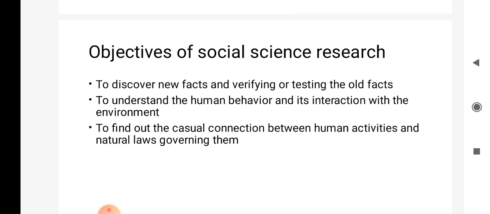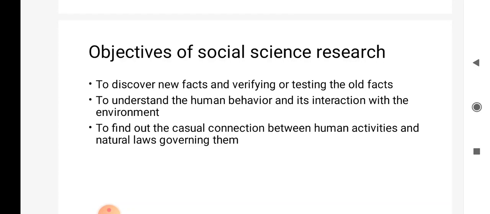To find a relation between cause and effect, the social science researcher needs to analyze or verify the old facts and, keeping them as a base and support, discover new facts. That is the objective of social science research.